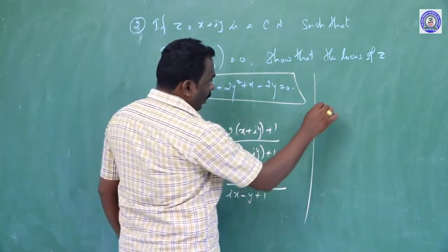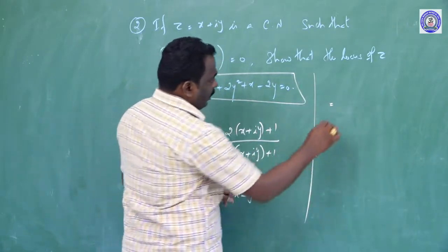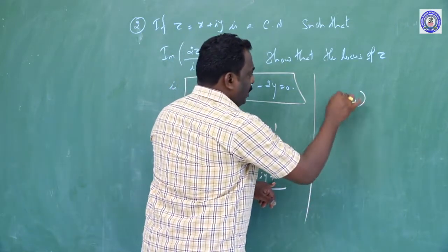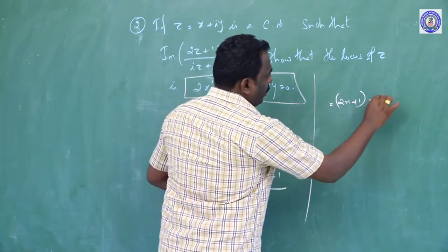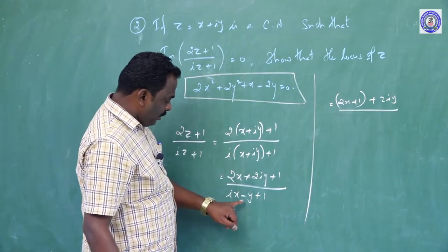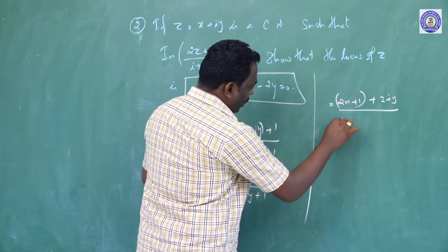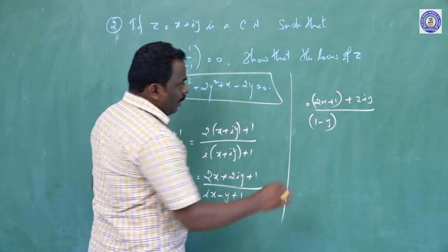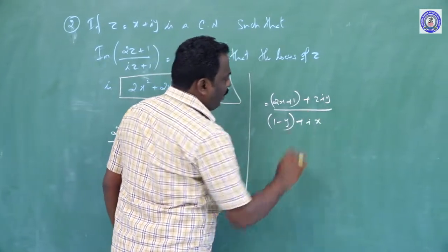Therefore, that is equal to 2x plus 1 as the real term, and plus 2y i as the imaginary term, over 1 minus y as the real term, plus ix as the imaginary term.